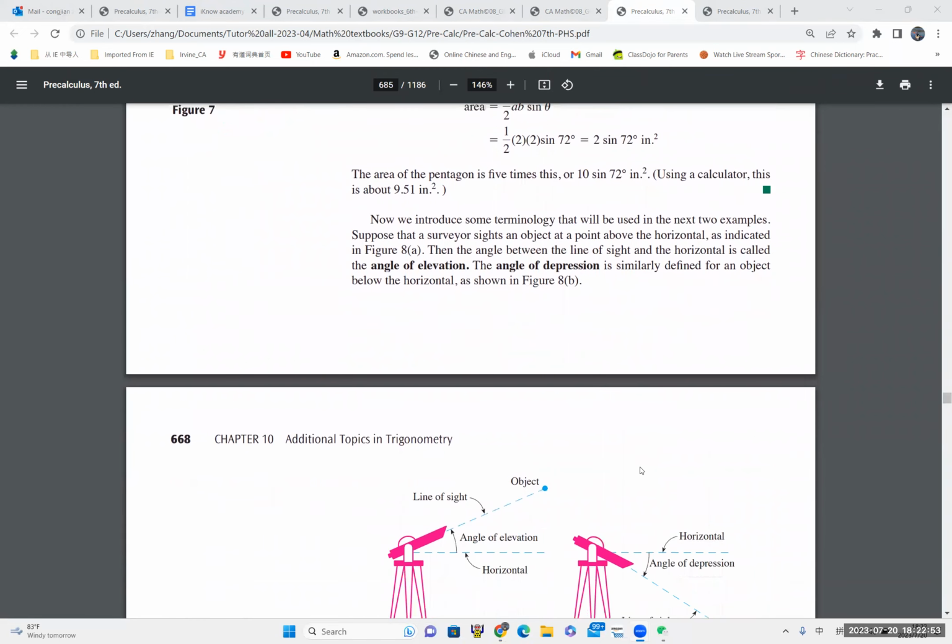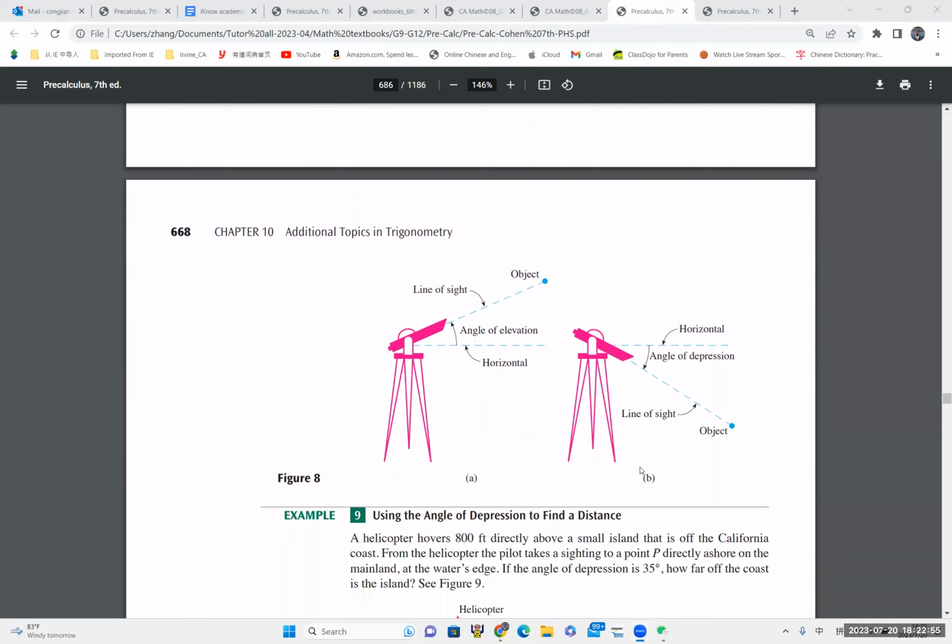Angle of elevation, angle of depression. Here is the definition.